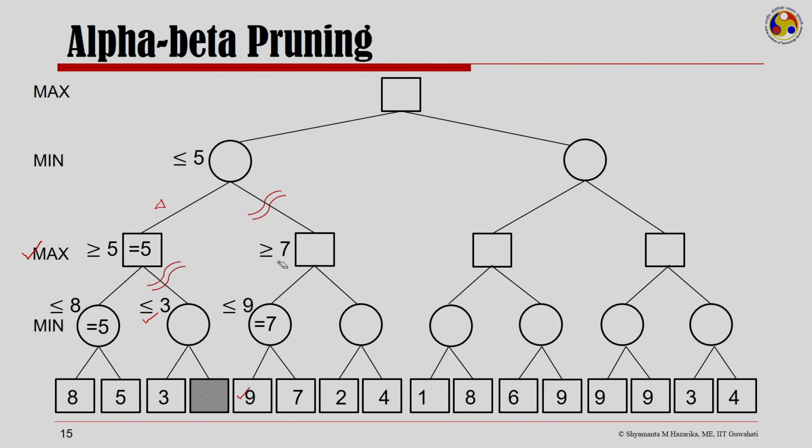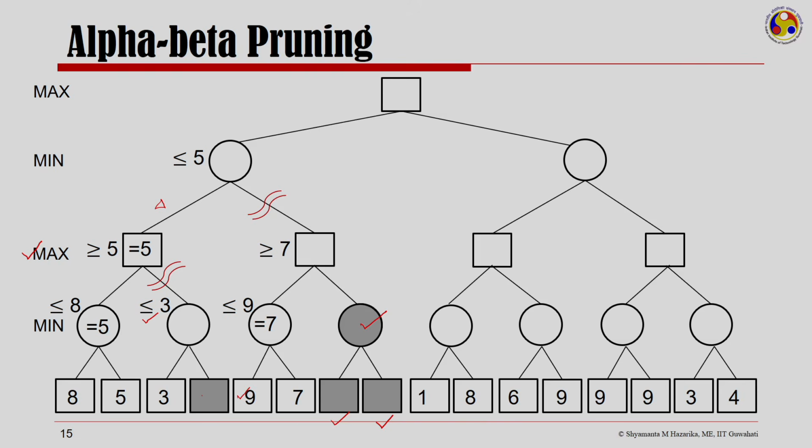Now, when we have a cutoff at that point, what we no longer need to evaluate is not only the leaf nodes that I have marked, this one and this one here, but also a generate function, which is I do not need to generate the children of this particular min node. And that is an amount of saving that alpha beta pruning allows, not only reducing evaluation of the leaf nodes, but also reducing generate functions.